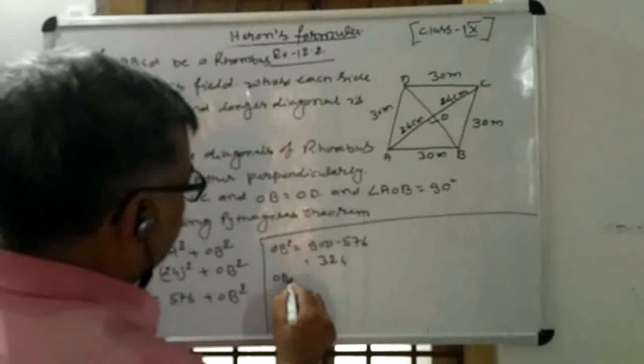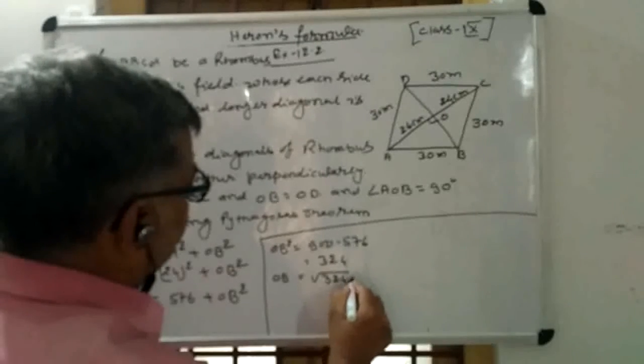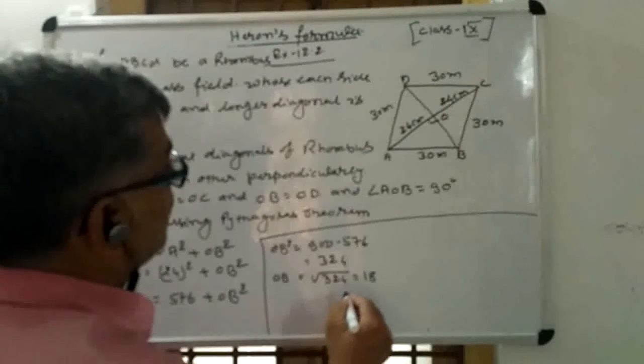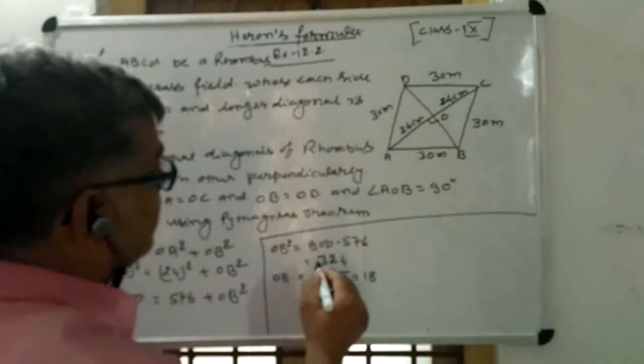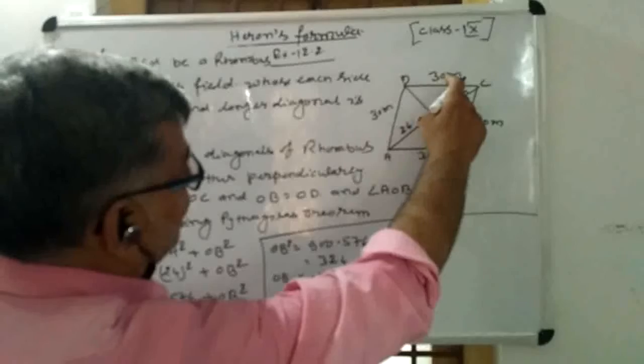So OB will be equal to under root 324, which is 18.